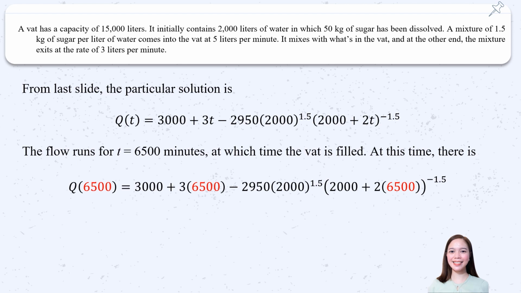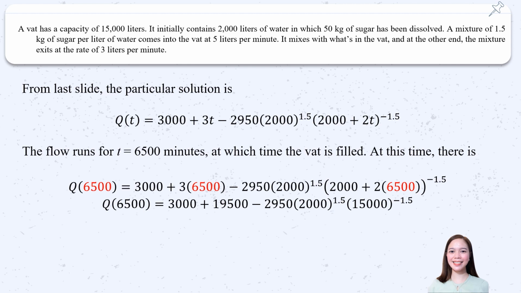So we have here Q(6500) is equal to 3,000 + 3 times 6,500 minus 2,950 times 2000 raised to 1.5 times (2000 + 2 times 6,500) raised to negative 1.5.